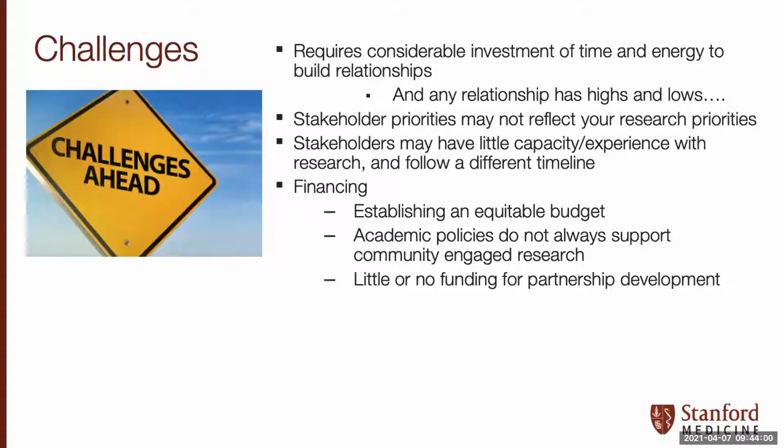In a couple of the prior slides, you saw power sharing is one of the key principles of community engagement and one of the best practices. And that can really show in our budgets. Do we have a budget where we are reflecting that some money is actually going to the community, that we're compensating partners for their time and their willingness to sit in advisory boards, for example?